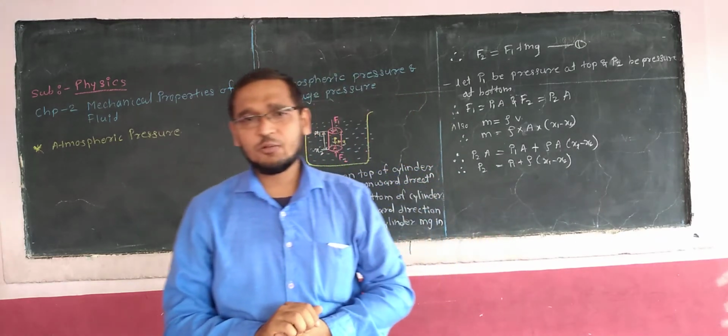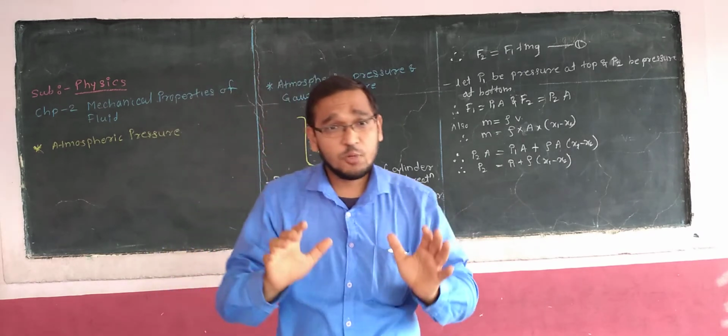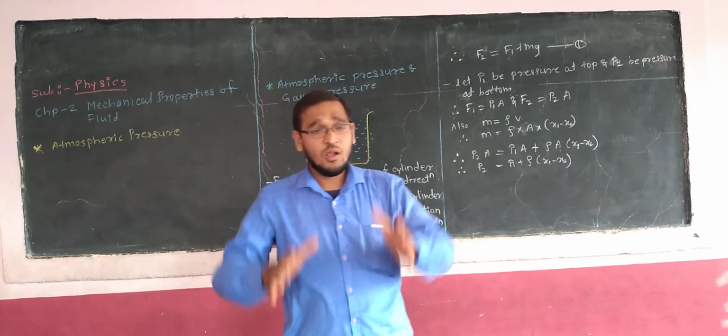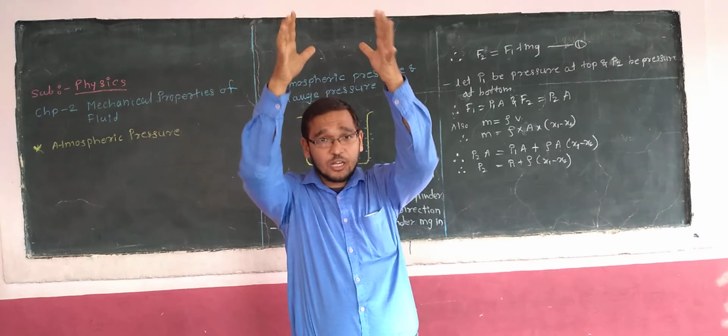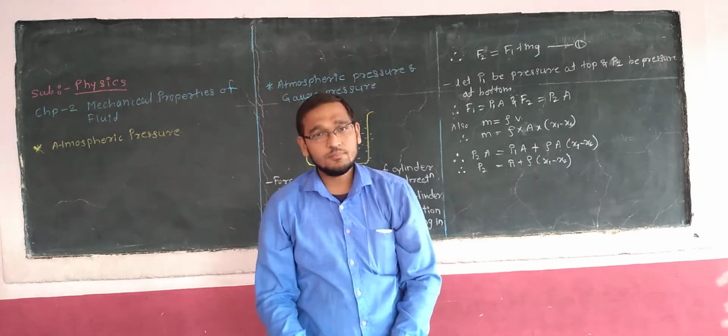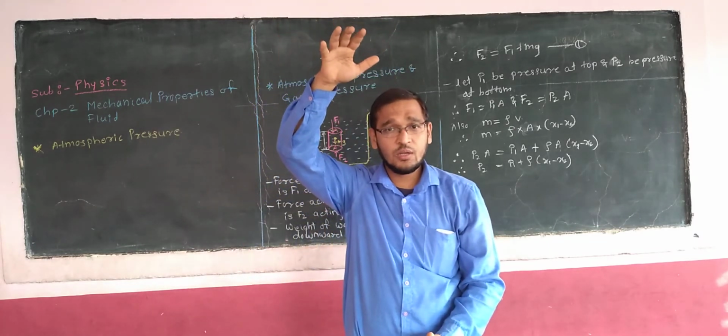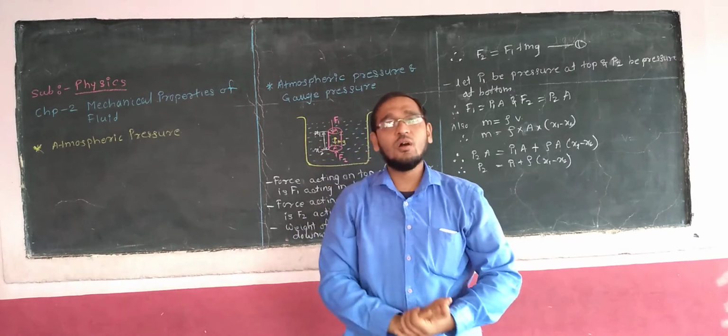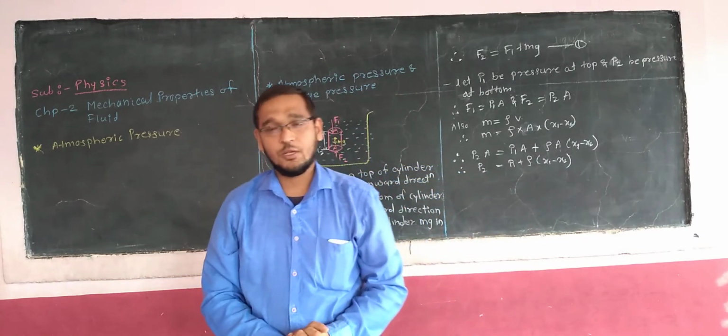So we can define atmospheric pressure as the pressure exerted by an air column starting from one point and ending on the surface of the earth.